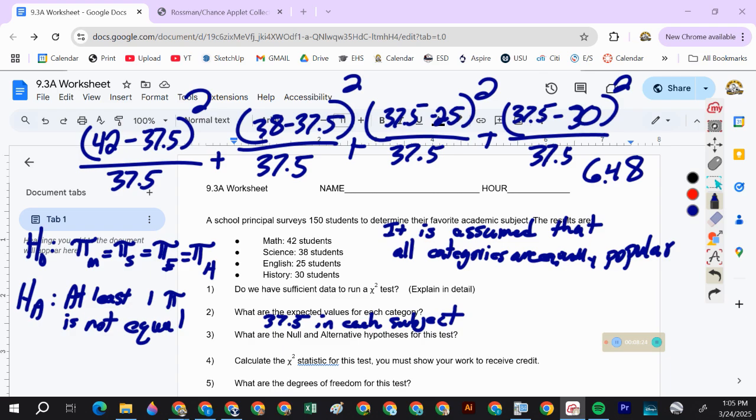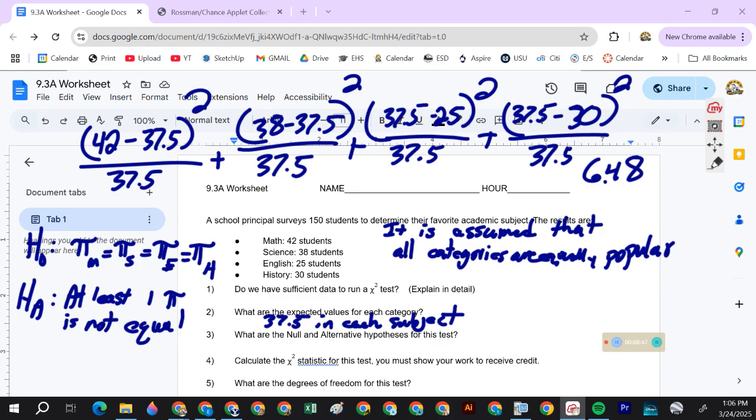It's like a t-score or a z-score, and we need to use our table to figure out what that means. So we're assuming that every category is equal, and there are 4 categories.